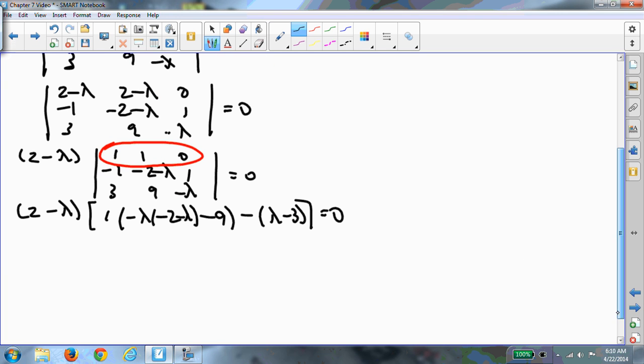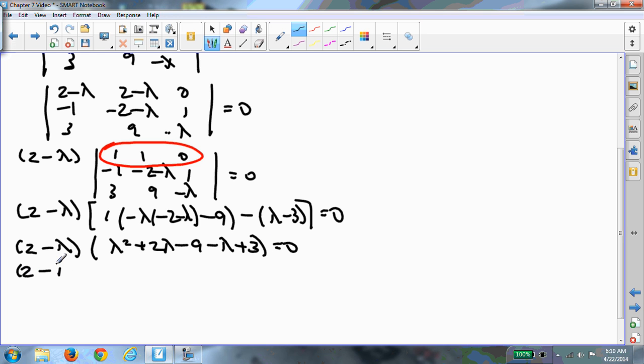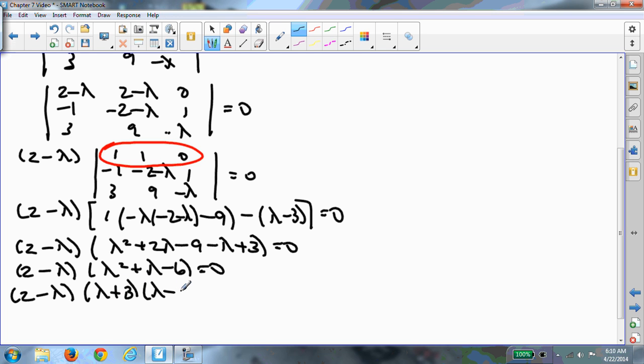Okay, so I'm going to just keep going through the algebra here. 2 minus lambda, this is going to become lambda squared plus 2 lambda minus 9 minus lambda plus 3. 2 minus lambda, lambda squared plus lambda minus 6. 2 minus lambda, and then factoring this, lambda plus 3, lambda minus 2. So my eigenvalues are 2 and negative 3.